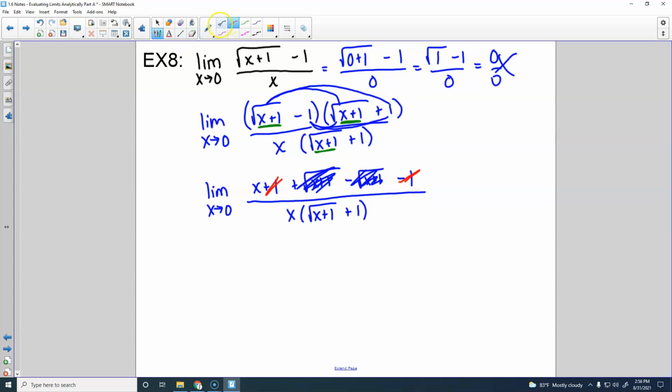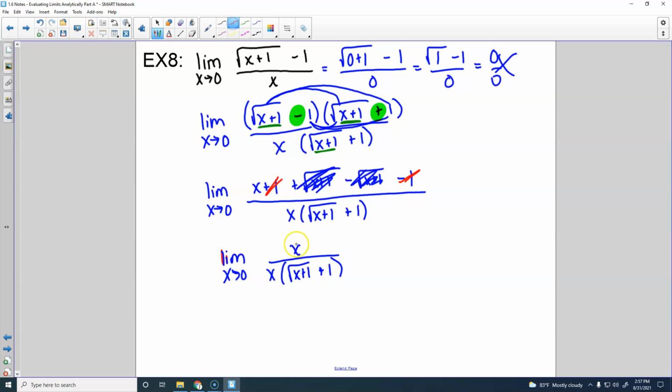It's always, for the conjugate, whatever sign you have between the two terms, that's got to change. So if this was positive, we'd make it negative over here. All right, so this leaves us with the limit as x approaches 0 of x over x times square root of x plus 1 plus 1.